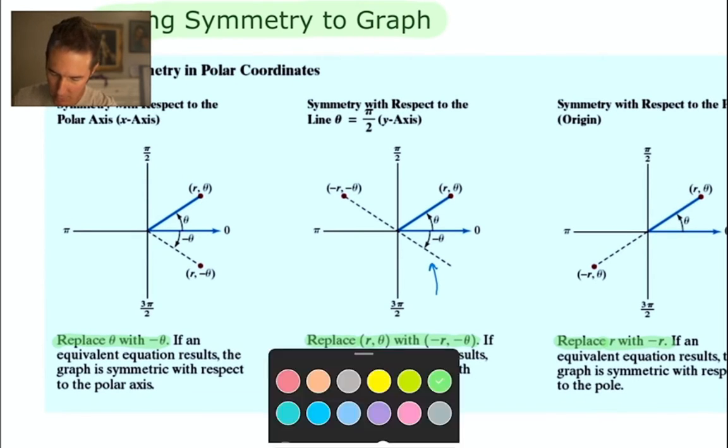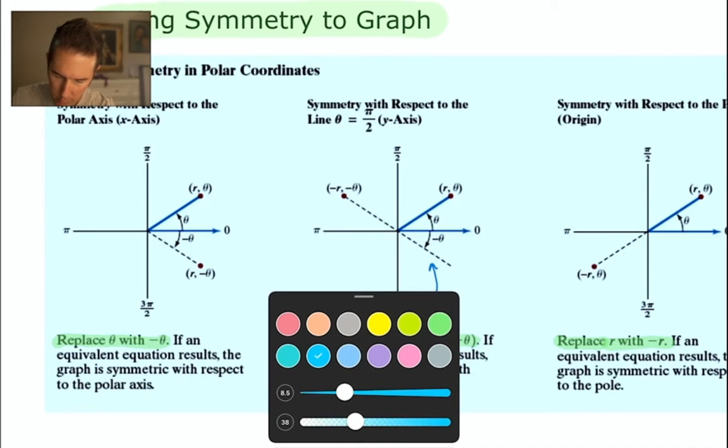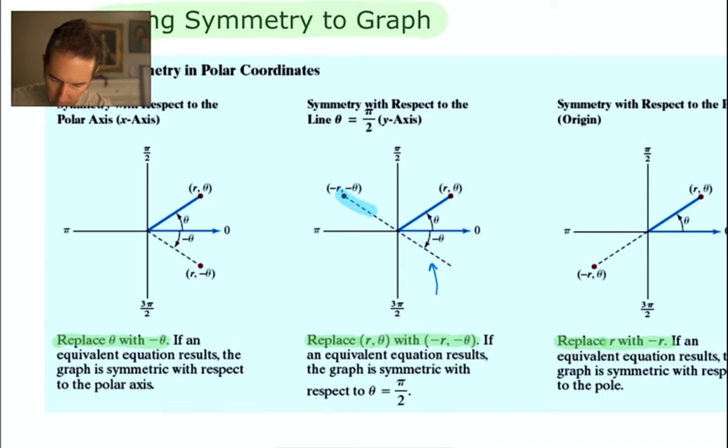I really just wish that this one was here. Or maybe I should have highlighted it in blue. No, because now it's blue on blue. Oh, that's okay, that worked. So when you take the solid blue line that's in the first quadrant and you reflect it over the line theta equals pi over 2, the y-axis, you end up with that dashed line in the second quadrant.